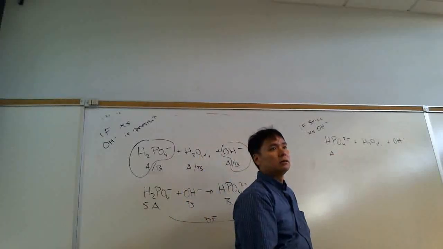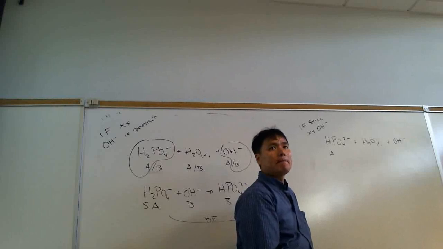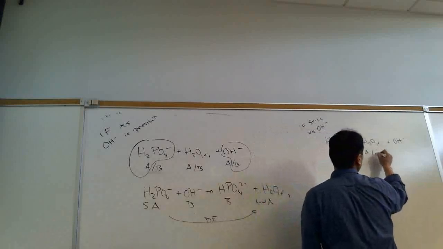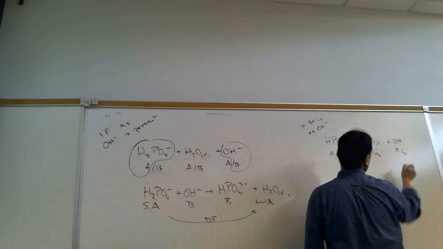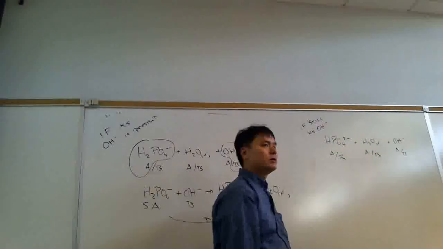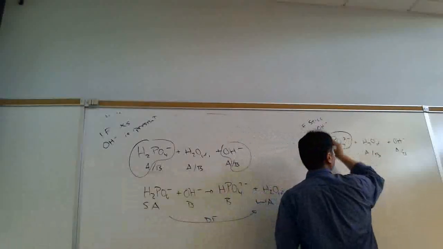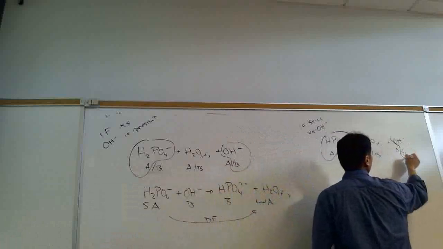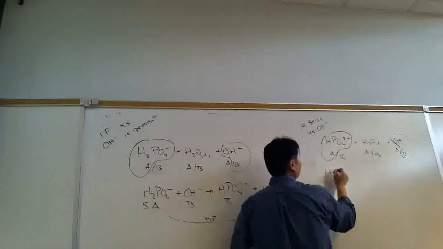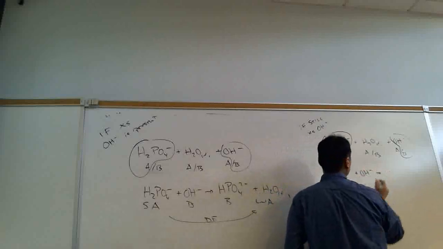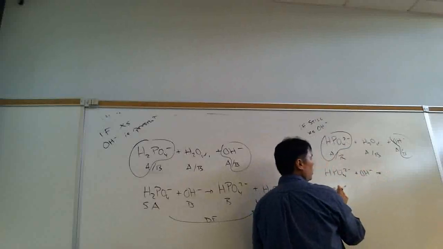What is it? We don't know yet, right? And so it's going to be amphoteric. Acid, base, water, the same thing. Hydroxide, the same thing. What's the strongest acid present? Monohydrogen phosphate. What's the strongest base present? Hydroxide. So we end up with this: HPO4 2 minus plus hydroxide gives us what?